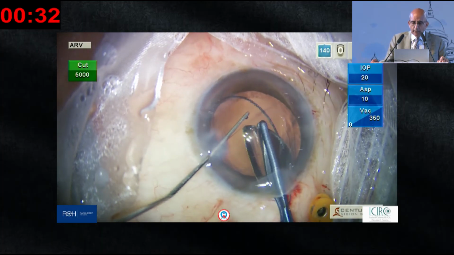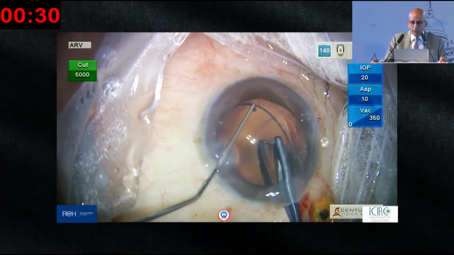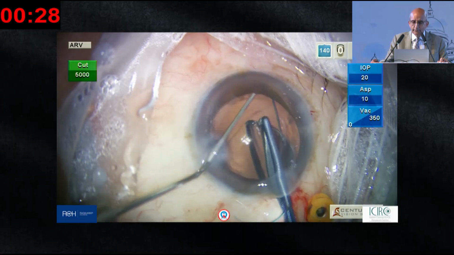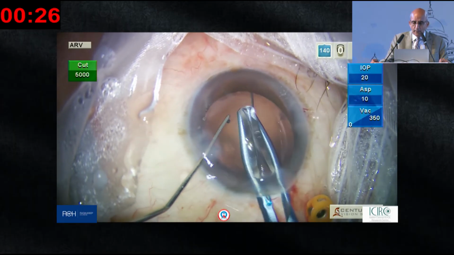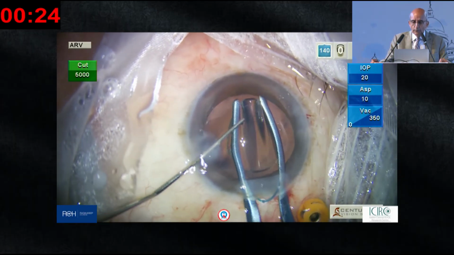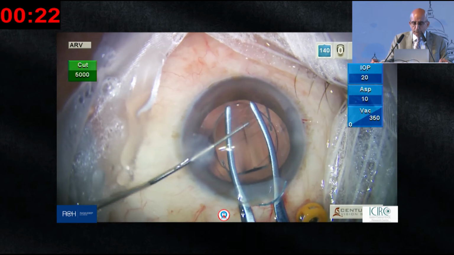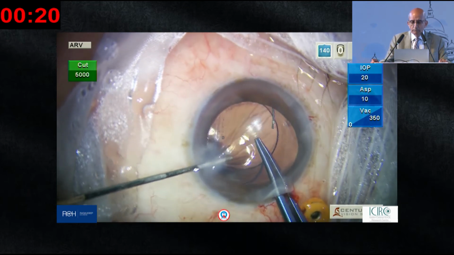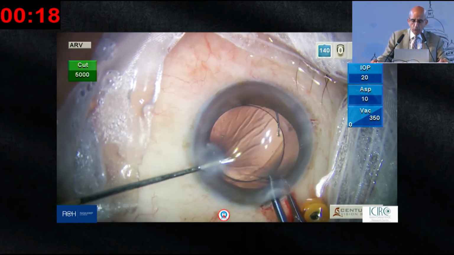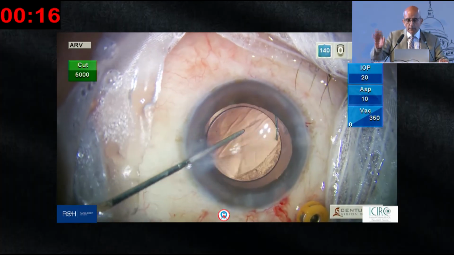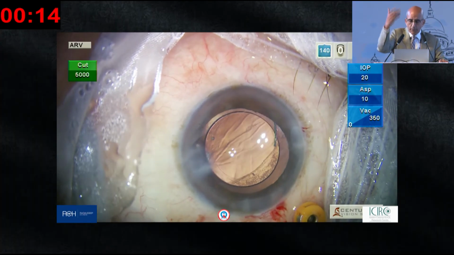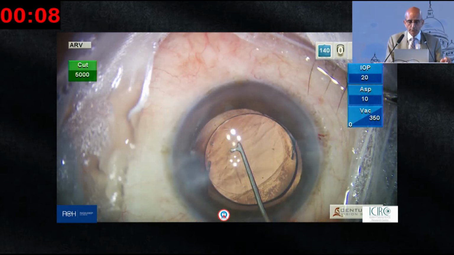and then as we did in the previous eye, I'm putting these haptics underneath, in the ciliary sulcus, and using the folding forceps. I didn't use the cartridge because with the open capsule, sometimes the haptics sort of swipe and touch the vitreous face. So I had control with this kind of forceps. These are Burato forceps.